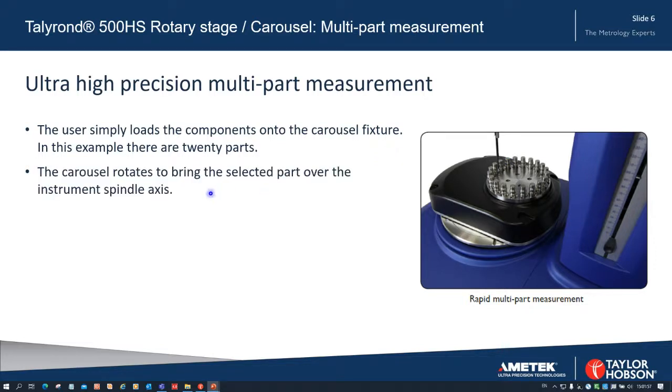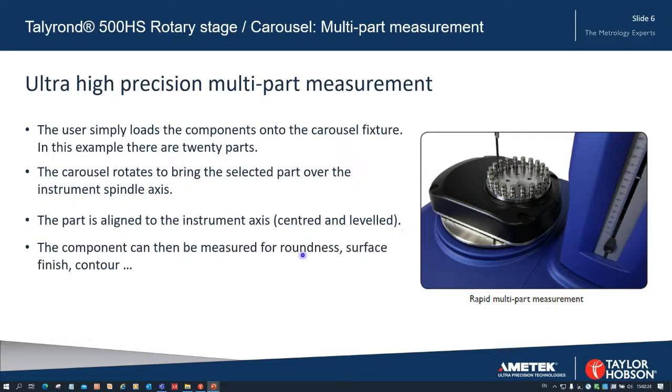What happens is that the carousel rotates to bring the selected part over the instrument spindle axis. And if you look on the right, you can see one of the parts is over the center of the spindle axis, and that's the one that's going to be measured. So first of all, the system aligns that part, it centers and levels it, and then it measures it for roundness, surface finish, contour, and all the measurements that we require.